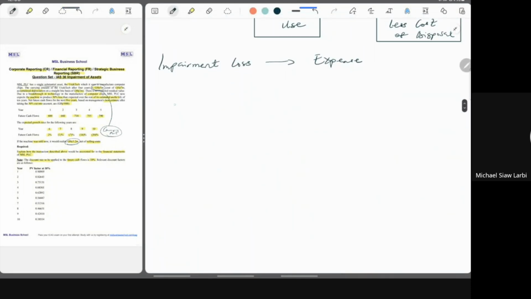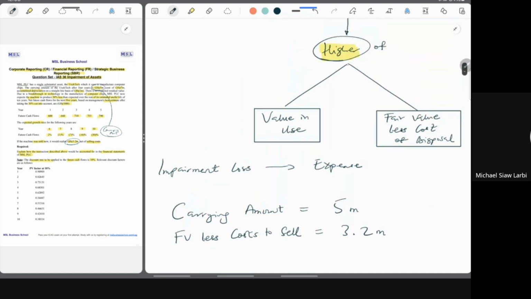So in this question, we have our carrying amount, which is what? 5 million. Our fair value less costs to sell or less cost of disposal would give us a figure of 3.2 million.